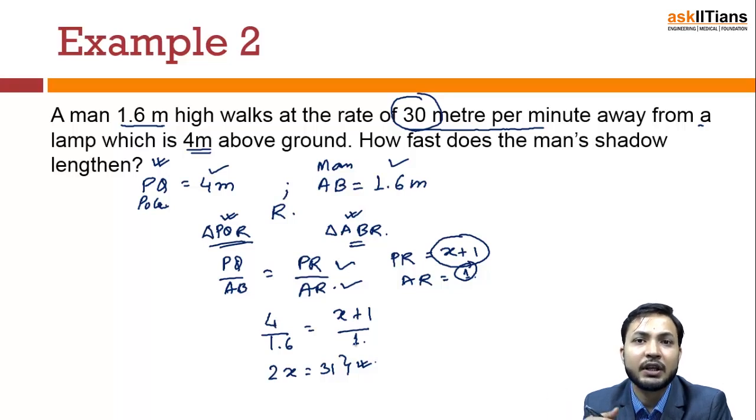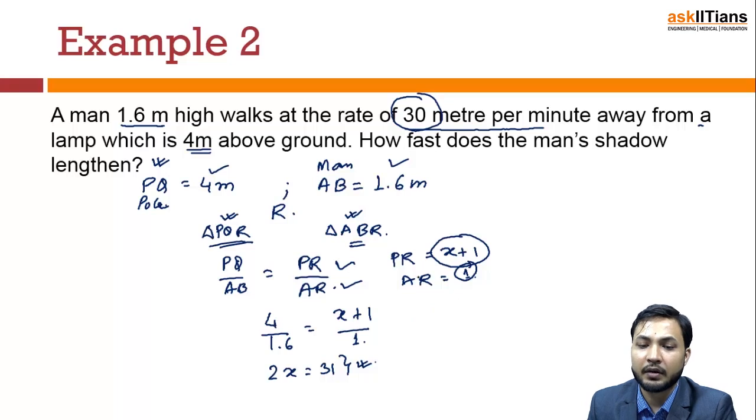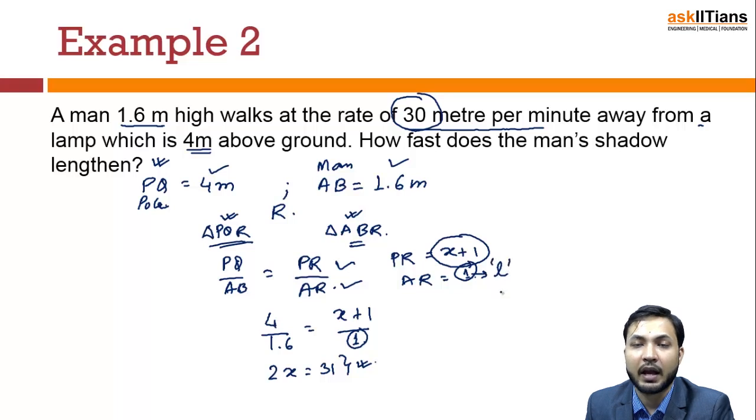If I am differentiating with respect to t, then this AR will become some length L. I have taken 1 just to get this value, but if I take this as L, this becomes 3L.